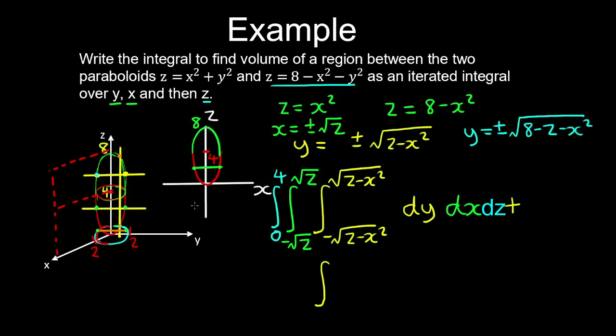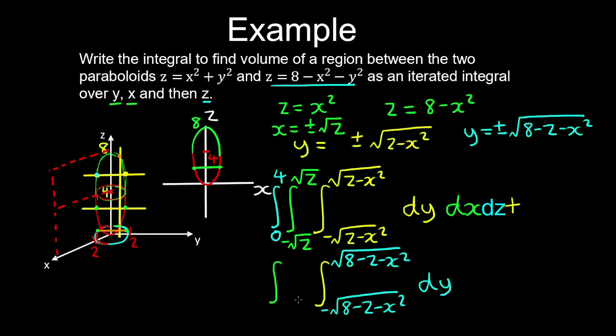So our first limit of integration is that y is minus the square root of 8 minus z minus x squared to the square root of 8 minus z minus x squared.